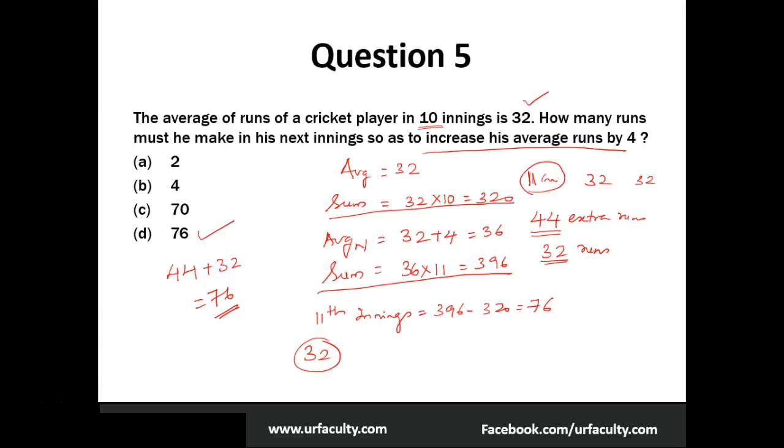So that 4 runs has to be added across all the 11 innings. Only then can the average be increased by 4. So 32 is anyway scored and 4 into 11 runs has to be scored extra, which is 44, and 32 plus 44 is 76. You don't have to do any of these calculations in that case.